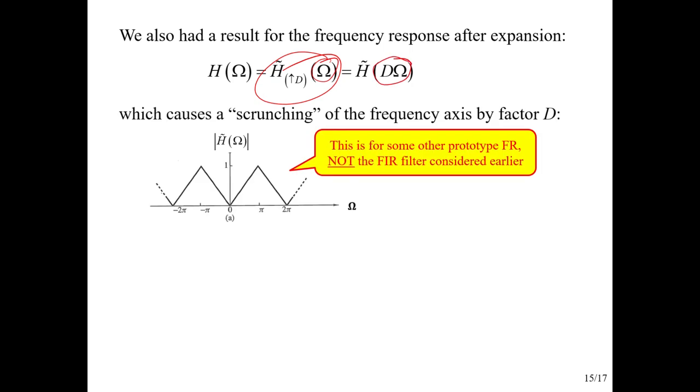So remember what that did. It scrunched in on the frequency axis. So if this is our prototype, and I'm just drawing it here for some other prototype frequency response, not the FIR filter that we were just considering on the previous page. So we're done with that. We're now looking at how we can take any prototype filter's frequency response and turn it into a combified version of that frequency response.